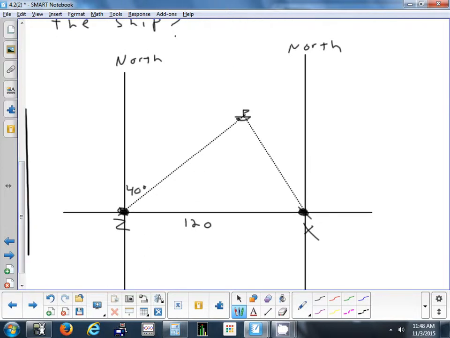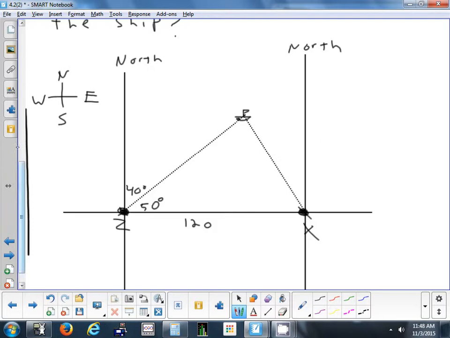This angle is 40 degrees towards the east. If you're not familiar with compass, east is that way, 40 degrees east. So if this angle is 40, what's the angle on the inside? 50, because together that's a 90.